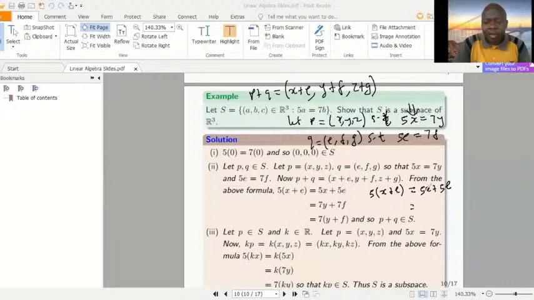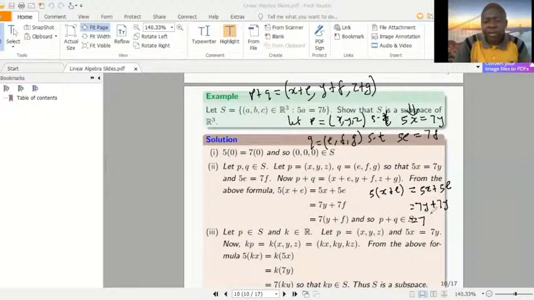So instead of 5x, I write 7y. Then there's 5e here. What does 5e become? 5e is 7f. So instead of 5e, I write 7f. So we can factorize, of course.